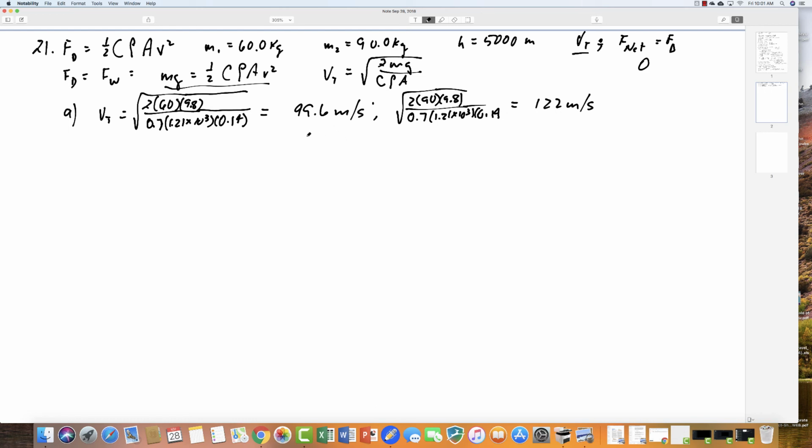In order to calculate the time it takes for them to hit the ground, and it says to neglect the time to go from 0 to their terminal velocity, you would use the equation D is equal to terminal velocity times the time. So the time is going to equal the distance divided by the terminal velocity.